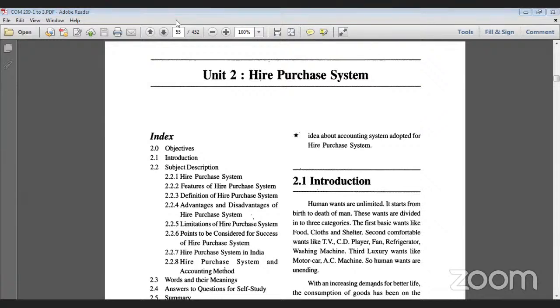Anybody want to ask any question, if you have any query? Siddharth and Varsha, you ask any question if you have. Yes, Siddharth, Varsha, can you hear me?